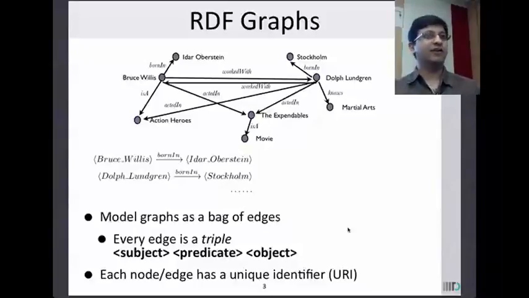So this is a small snapshot of a fairly large graph that you can construct just from the IMDb dataset, just from movies that are out there.